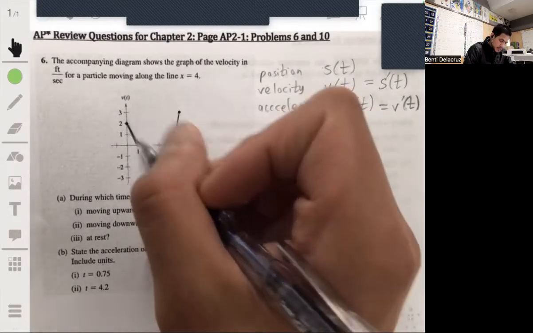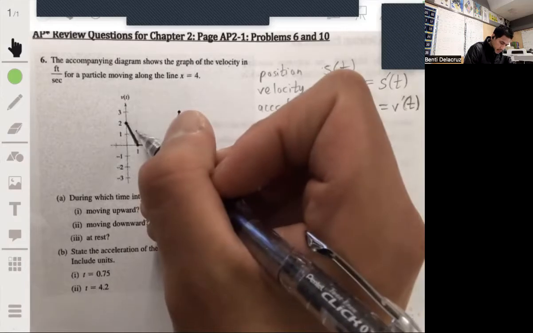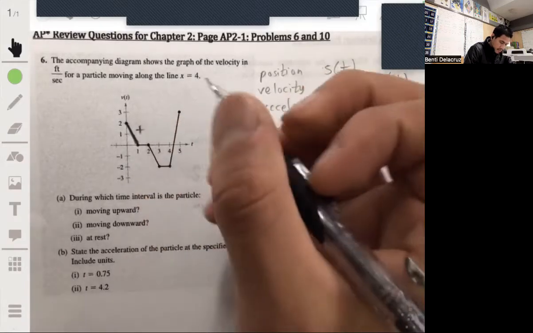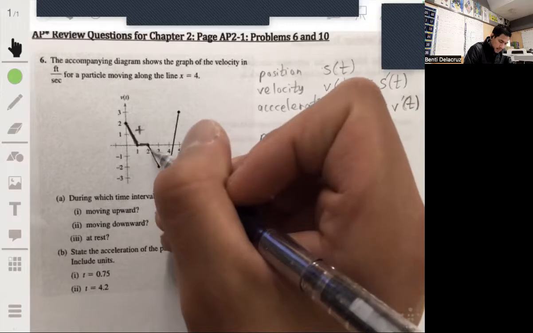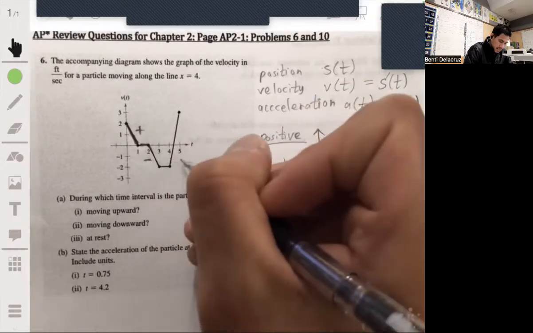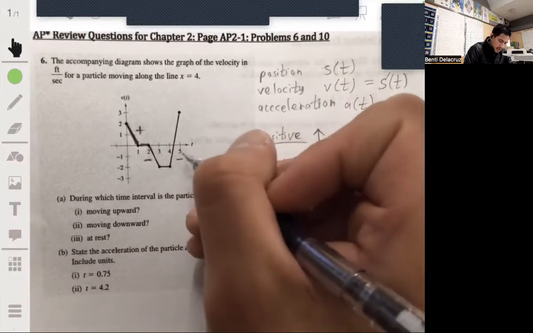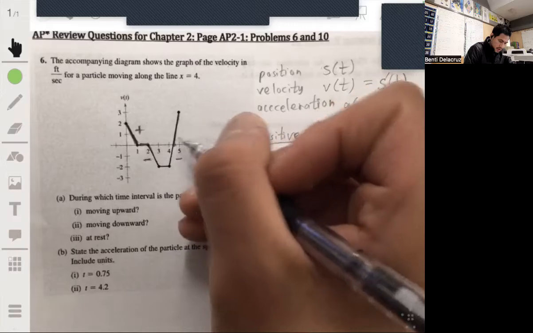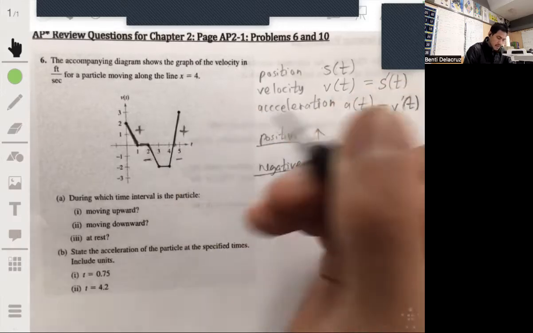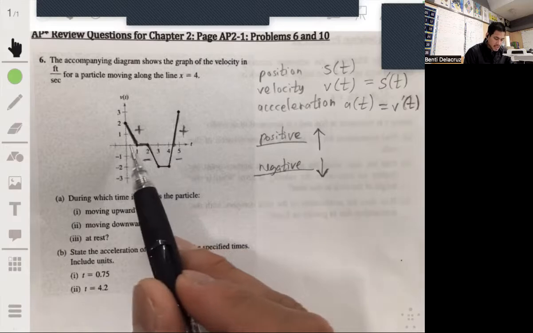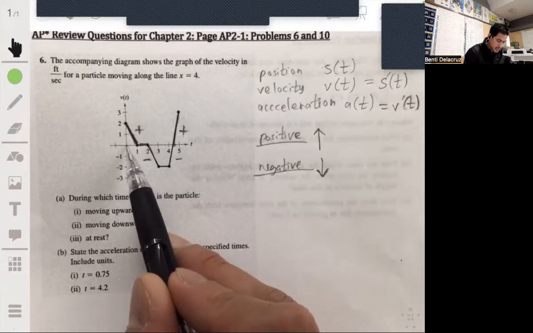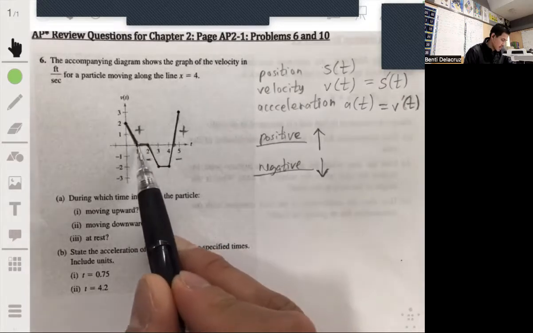So in this region here, the velocity is positive. In this region, the velocity is 0. And from this region, the velocity is negative. Negative here, negative here. And then from this part, the velocity again is positive. So it's moving upward whenever the velocity is positive. So the velocity is positive from time t equals 0 to 1 second.